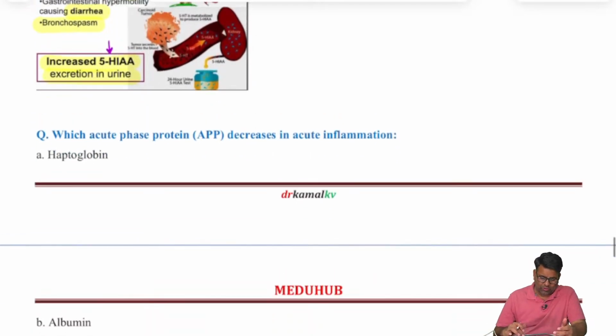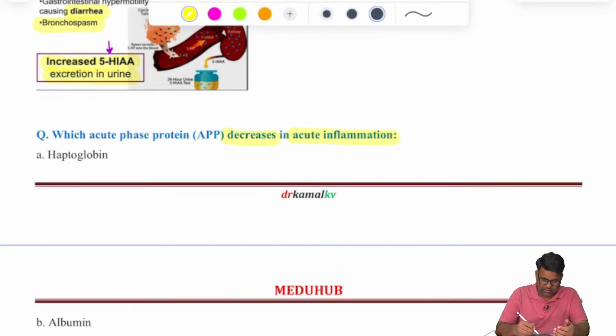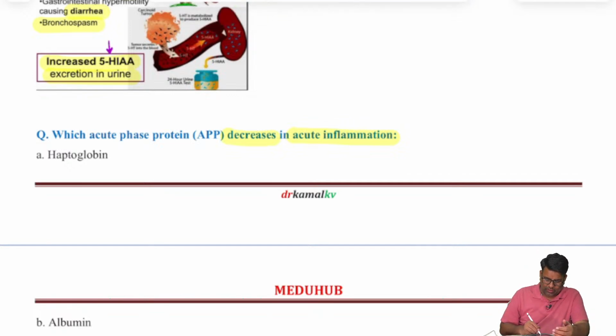The next question was about acute phase proteins, and it was asked which of the acute phase proteins decreases in acute inflammation, because there are many acute phase proteins which elevate, and there are some which decrease. The classical one which we always check is the CRP, which actually increases, right?